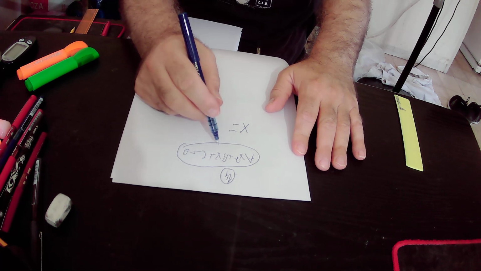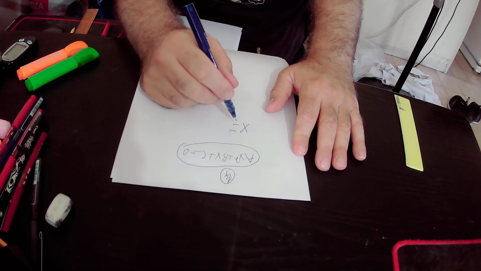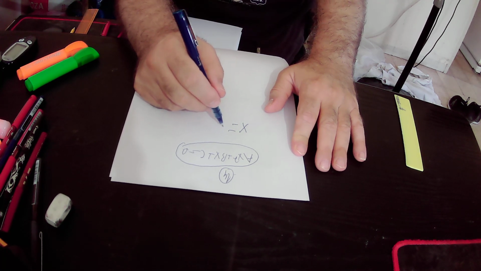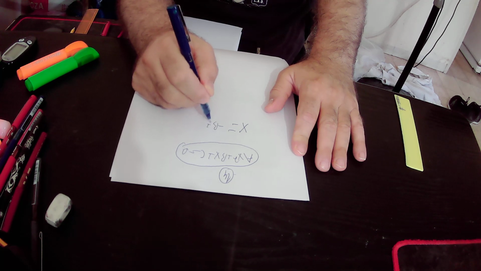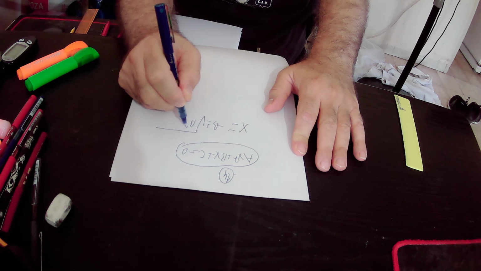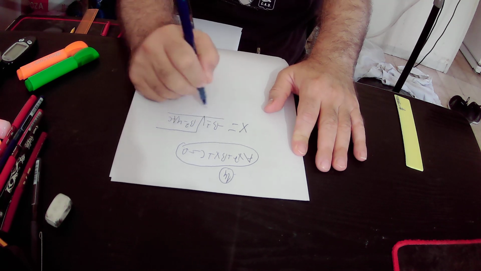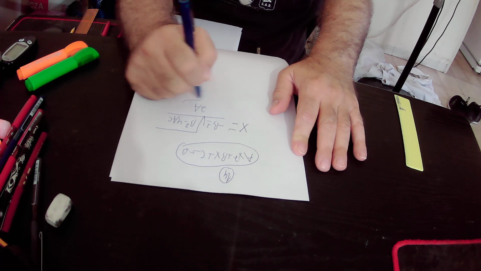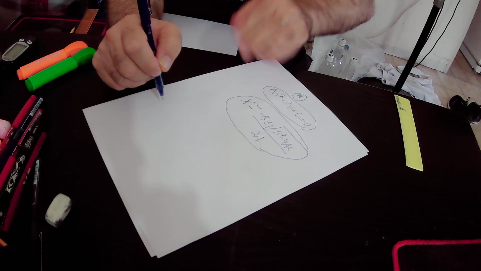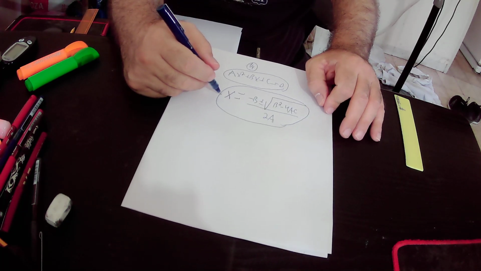The roots are x equals minus b plus minus root of b squared minus 4 times a times c, over 2 times a. So we will find the roots according to this special formula.